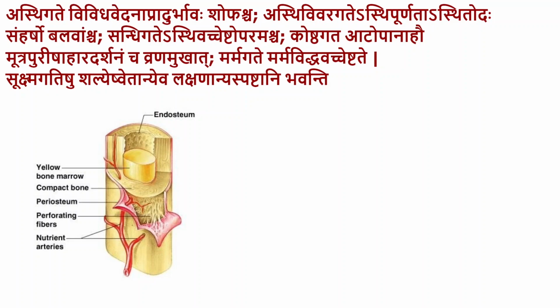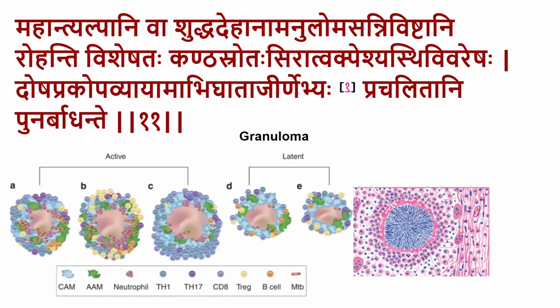Sukshmagatishu shareshu etanyeva lakshanani asmastani bhavanti. The intensity of the clinical symptoms will be dependent on the size and the impact of the shalya. If the shalya has a relatively smaller size and the momentum is lesser, the same clinical symptoms will be milder and may not be so clinically seen.